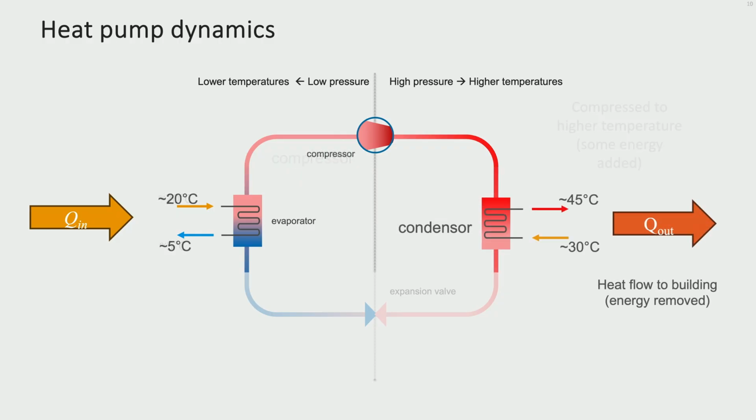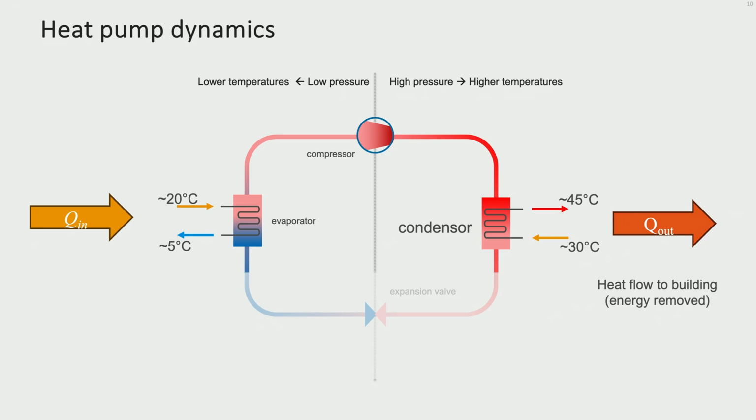Then, this high pressure warm gas is fed into the condenser from the top. Here the heat is exchanged with the sink of thermal energy. In case of space heating, this is often an underfloor heating system, typically running at supply and return temperatures indicated on the slide. At these pressure and temperature conditions, the working medium condenses. So at the bottom of the condenser, the working medium is still at high pressure as no pressure losses occur in the condenser.